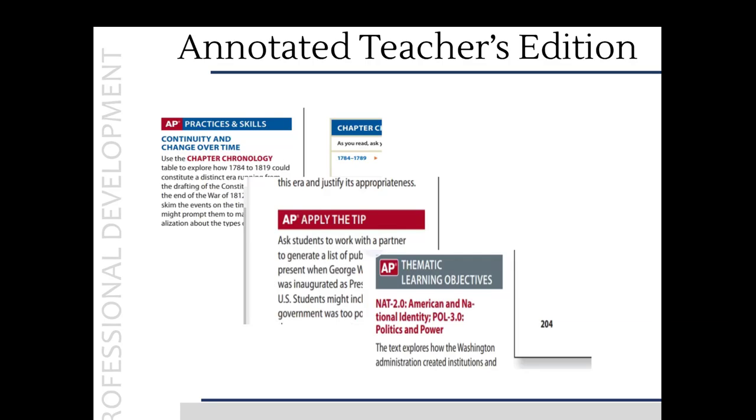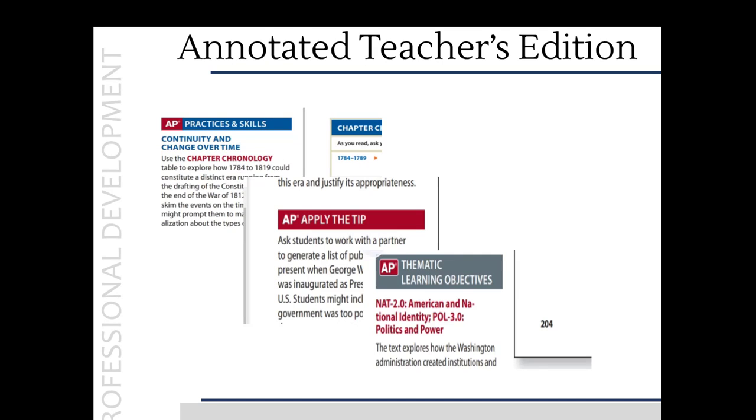There are 3 types of AP notes: those with blue bands, those with red bands, and those with gray bands. The blue bands provide tips for teaching the AP practice and skills. Red bands suggest activities for extending the AP exam tips in the student edition.